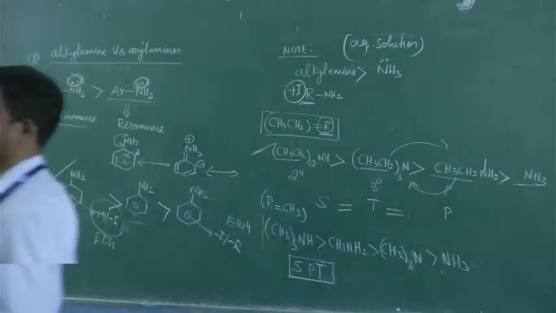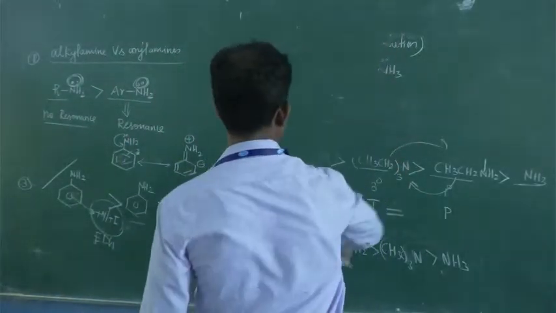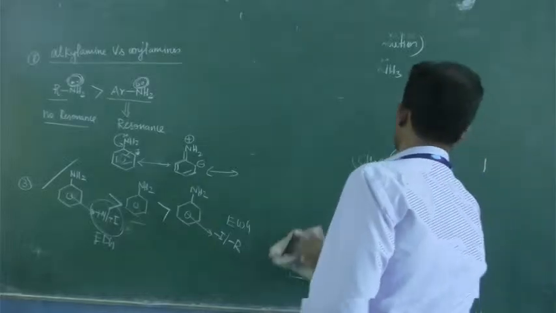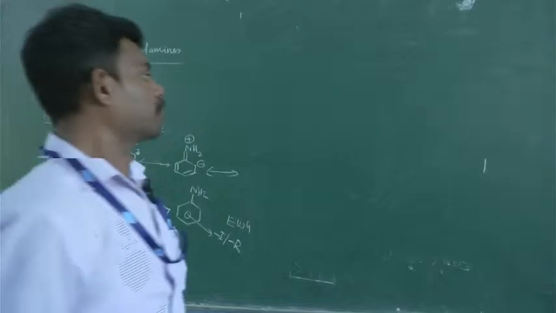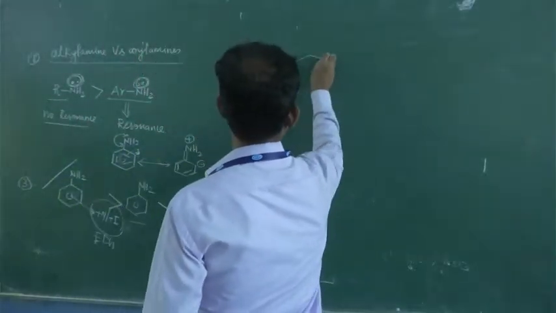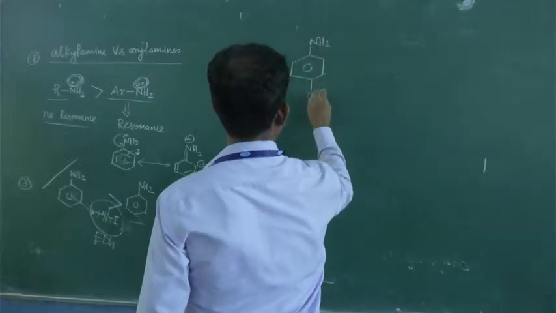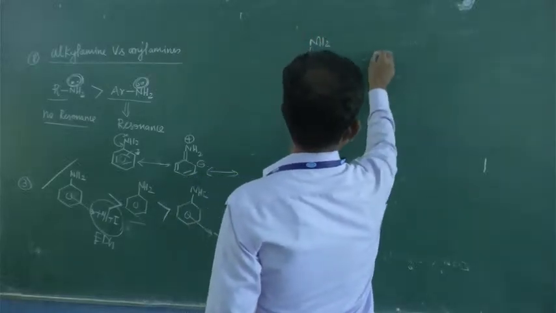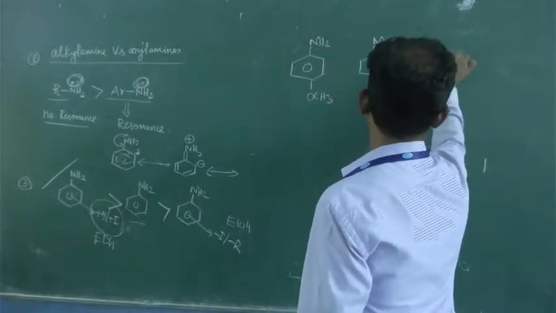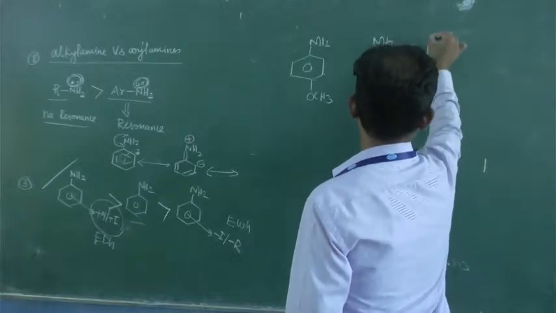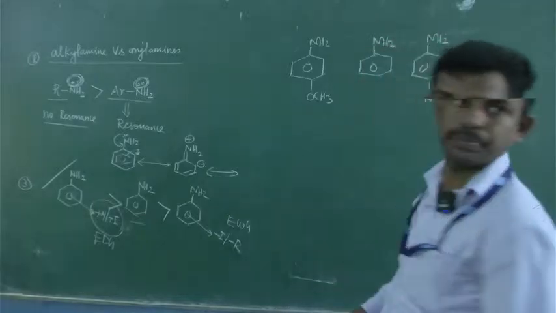Let's take examples. For example, you take aniline with OCH3, simple aniline, and an aniline having an electron withdrawing group like NO2.